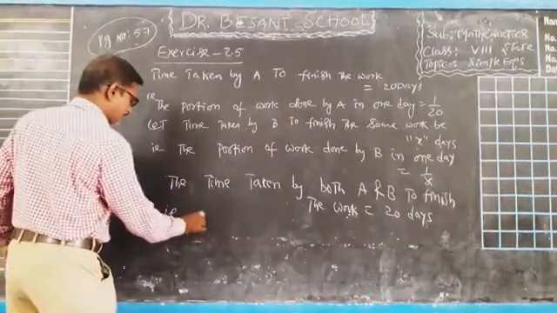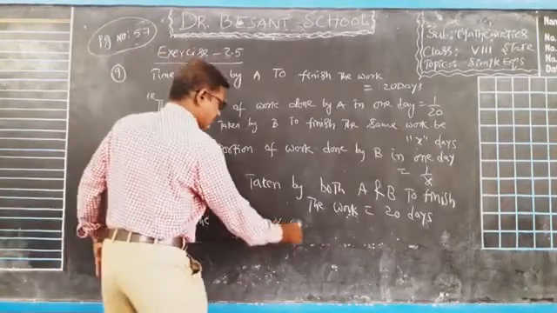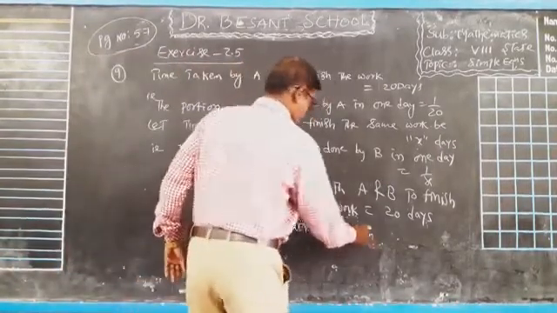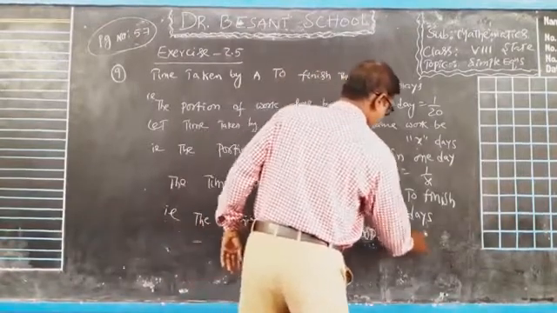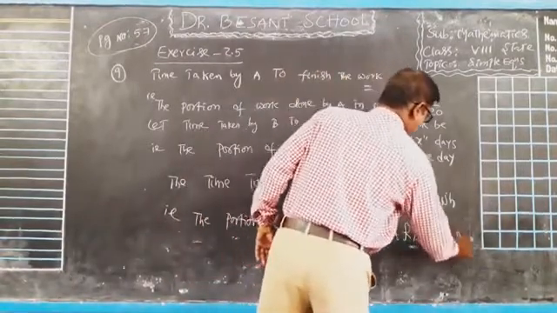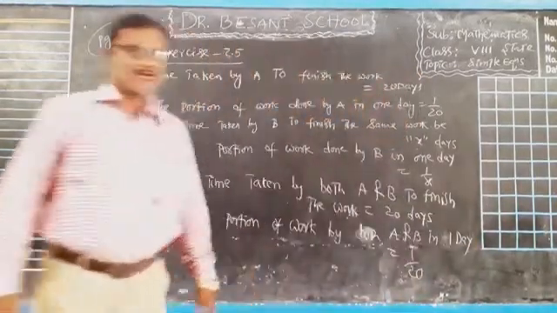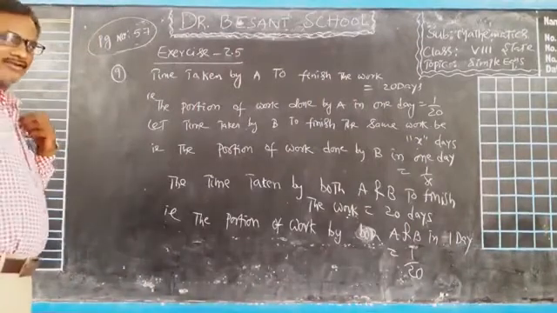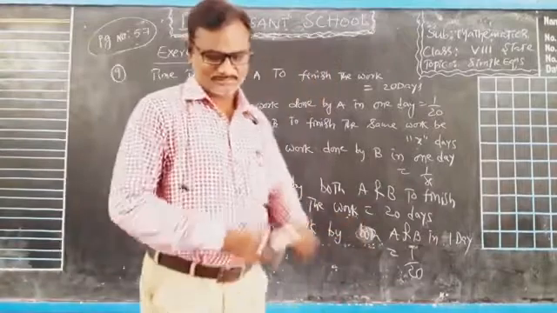That means the portion of work done by both A and B in one day is 1 by 20th part. Did you understand this working, children?